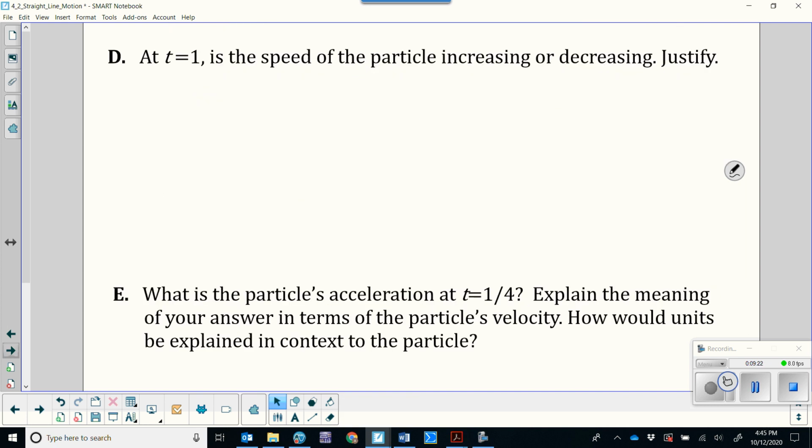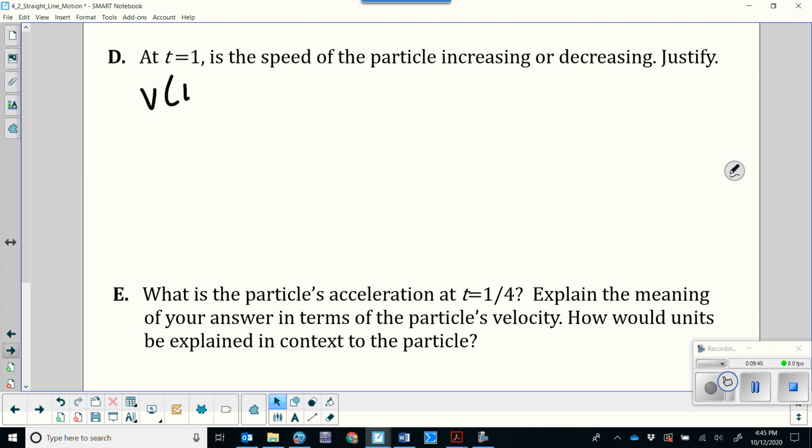So then D says, at t equals 1, is the speed of the particle increasing or decreasing? So this is a little bit different. This is saying, is it speeding up or slowing down? To determine that, we need to determine if velocity and acceleration have the same sign or different signs.